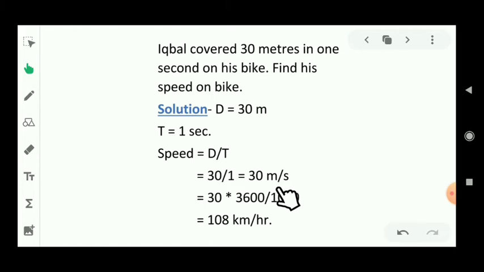It will be 30 meters per second. And now students, when we calculate this in kilometers per hour, we have to multiply 30 into 3600 upon 1000, and after converting it, its value will be 108 km per hour.